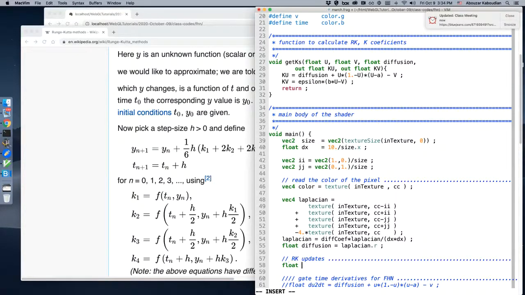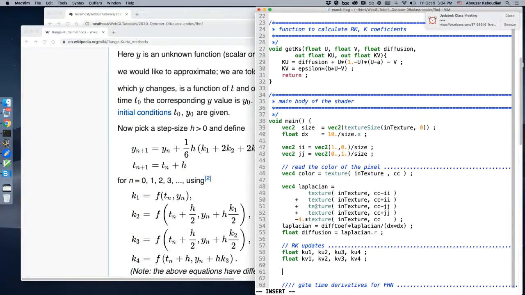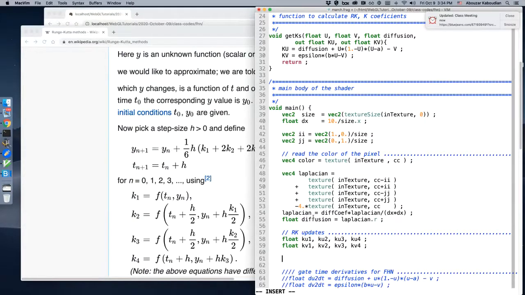I will have float KU1, KU2, KU3, and KU4. And I need to have the same thing for the V variables, K's for the V's.